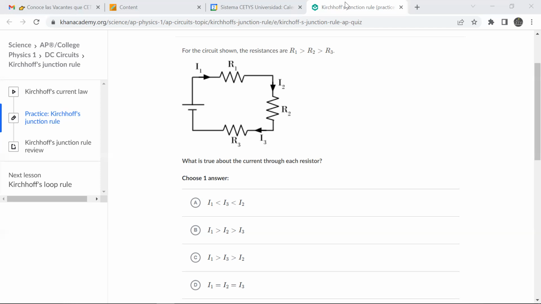There's actually just one current in that circuit because they are connected in series. We can call it I. So I is equal to I1, equal to I2, and equal to I3. So the answer would be D.